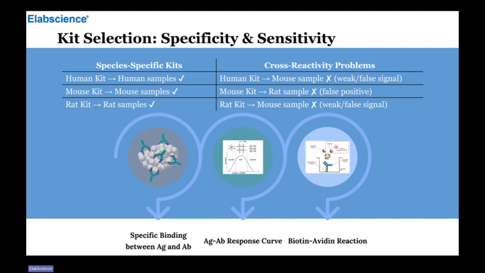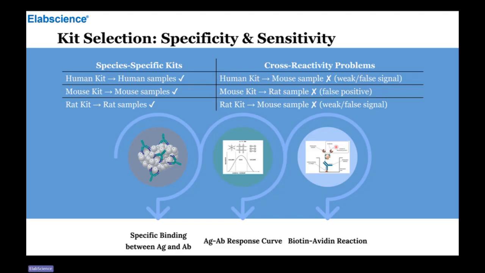It is especially problematic in studies with multiple species, like xenograft or co-culture models. Always read the kit datasheet carefully to confirm whether the species compatibility is fixed or not. If there is any cross-reactivity testing information, it will help you avoid misleading results.